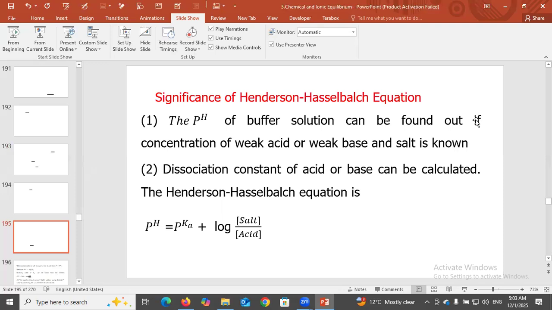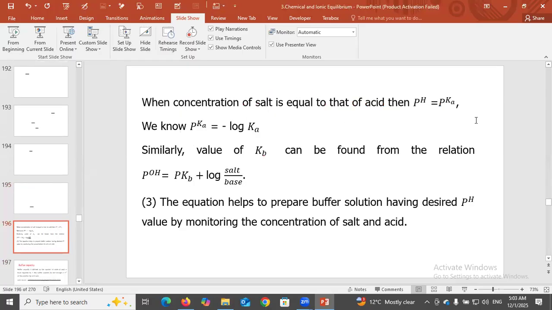Significance of the Henderson-Hasselbalch equation. The pH of the buffer solution can be found out if the concentrations of weak acid or weak base and salt are known. The dissociation constant of acid or base can be calculated. The Henderson-Hasselbalch equation is pH equals pK plus log salt over acid.